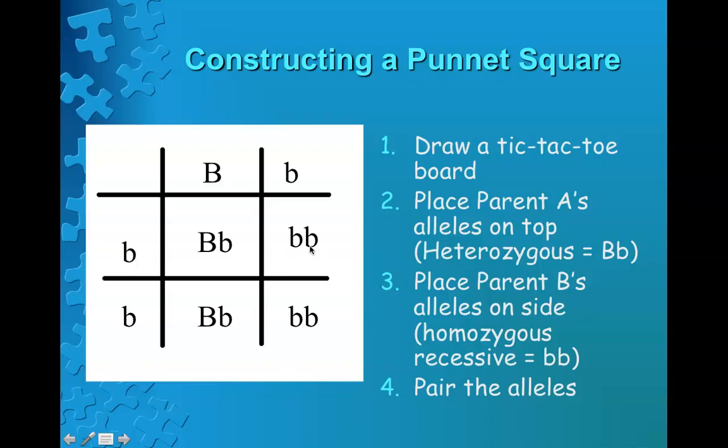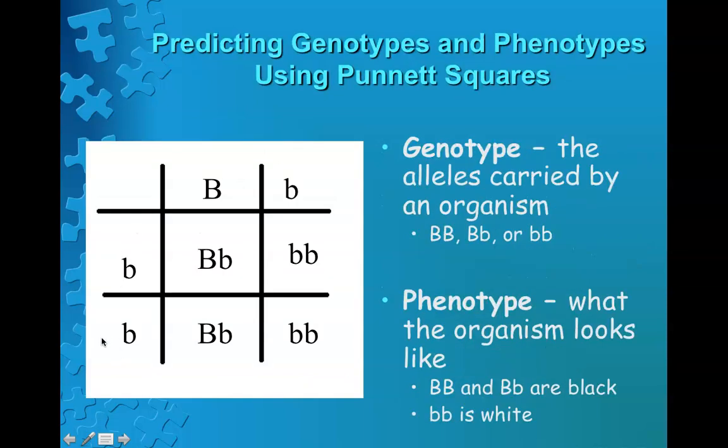Okay, and so these are your offspring. These are parent 1 and parent 2. And so we can now use that Punnett square information to predict the genotypes and phenotypes of the offspring that we've created from this particular cross.